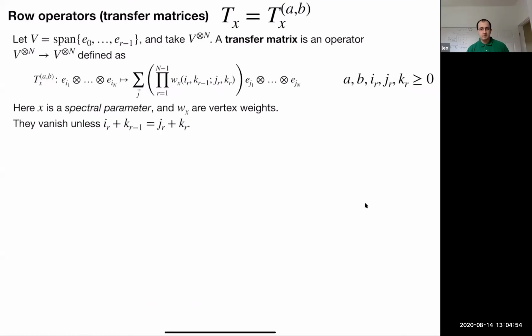So integrable vertex models mean that there is a commuting family of transfer matrices usually.